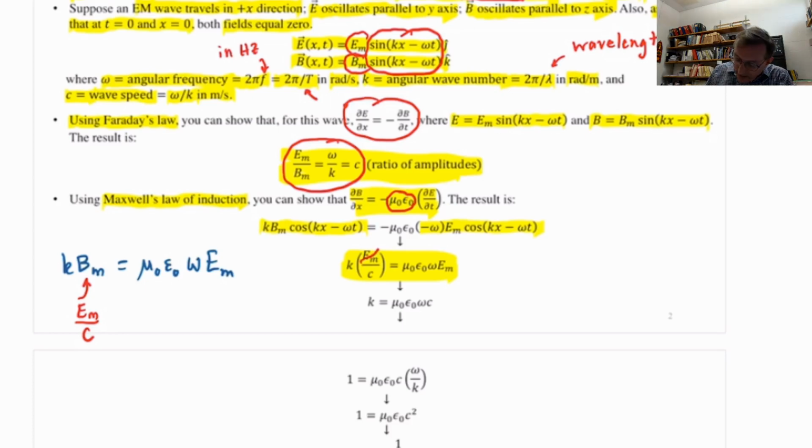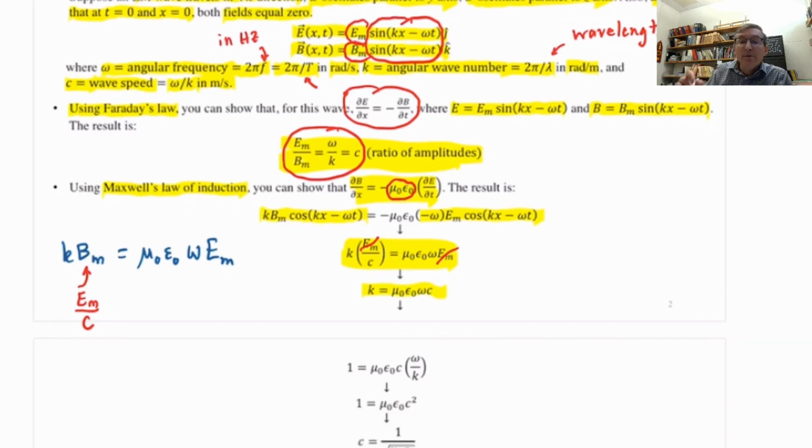Cancel the factors of E max. Take the c over to the other side. k equals mu0 epsilon 0 omega times c. Next, divide both sides by k. 1 equals mu0 epsilon 0 c omega over k.